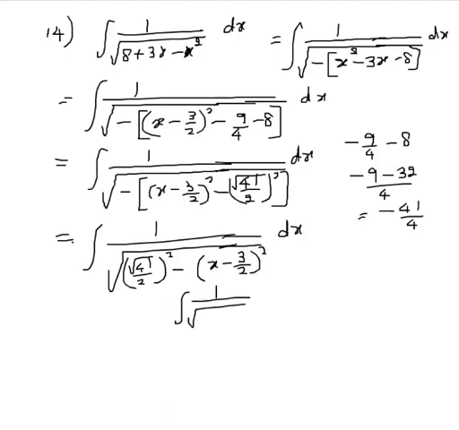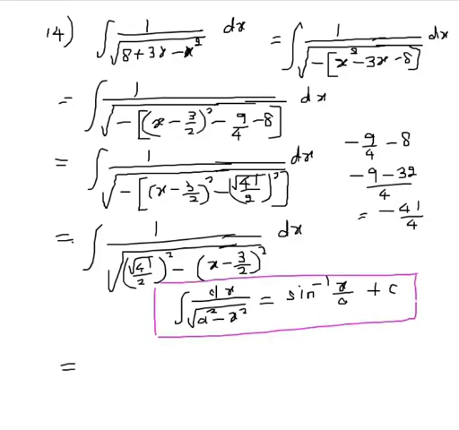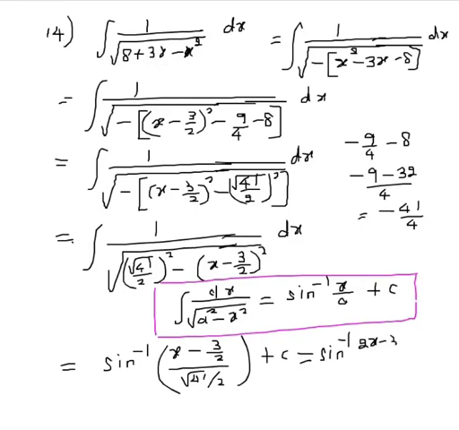Now we will use 1 by root of a square minus x square formula, which is sine inverse of x by a plus c. Sine inverse of x in this case is x minus 3 by 2 divided by a is root 41 divided by 2, which is sine inverse of, take LCM, 2x minus 3 by root 41, LCM 2 will get cancelled, and plus c.